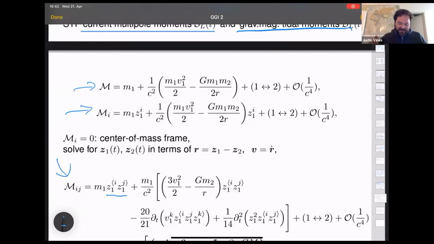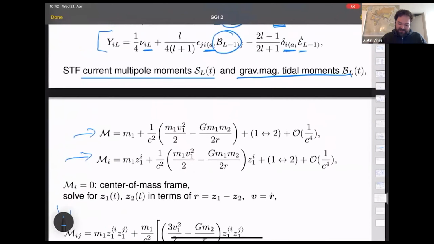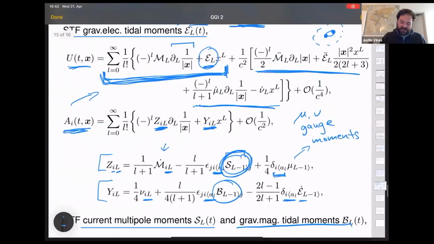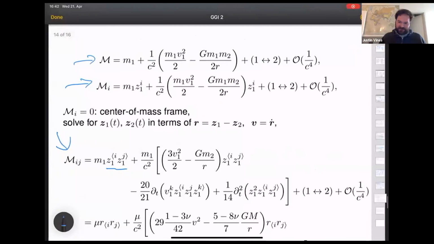So maybe part of your question is, why did I even bother talking about these tidal moments if they're zero for the situation that we're thinking about? Well, what we'll come to tomorrow is, yes, we need to consider a post-Newtonian solution in the near zone matched to a post-Minkowskian solution in the far zone.